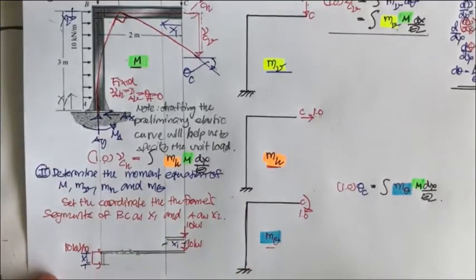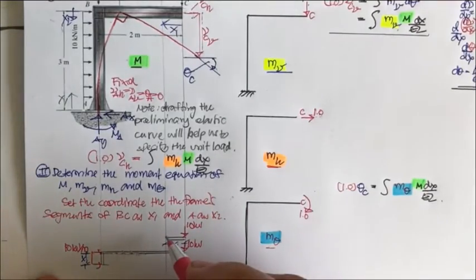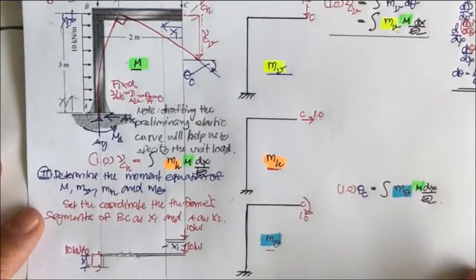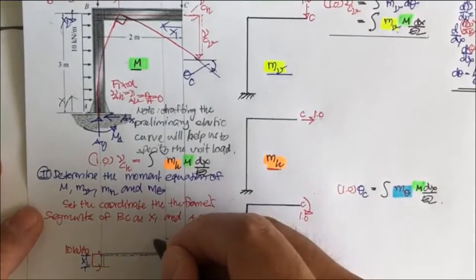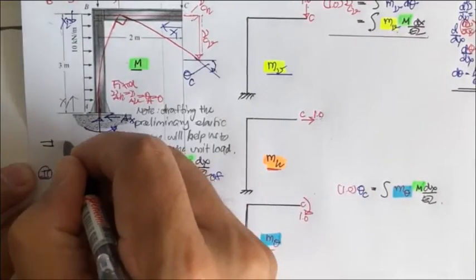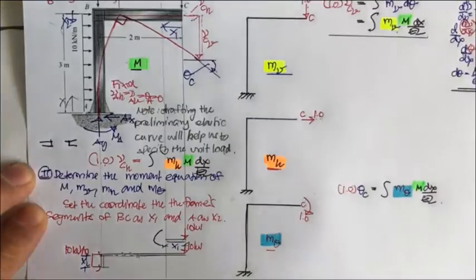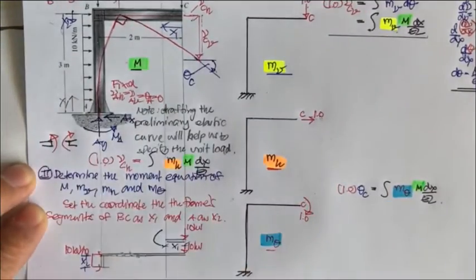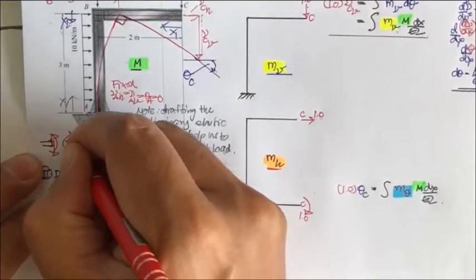And then you can determine the moment, and you got to set the rotation of the moment, following the sign convention. What is the sign convention? The sign convention that we have for the beam, for the moment, is going to be like this on the left and like this on the right, and the shear is downward here and upward here.